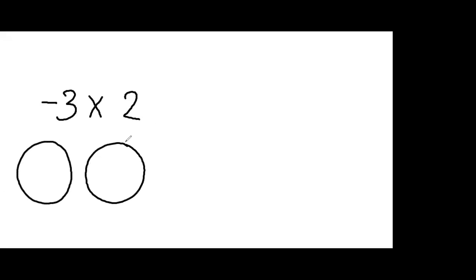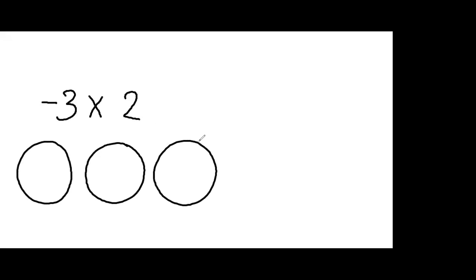Negative 3 times 2. What's your order first? How many groups? Tell me the order first. Negative 3, 3 groups, right? So 1, 2, 3. And the first sign is negative, right?